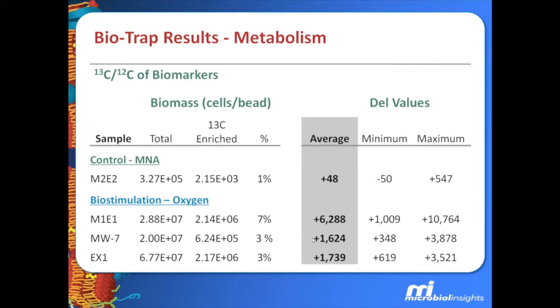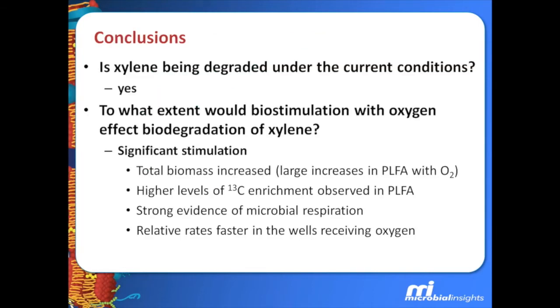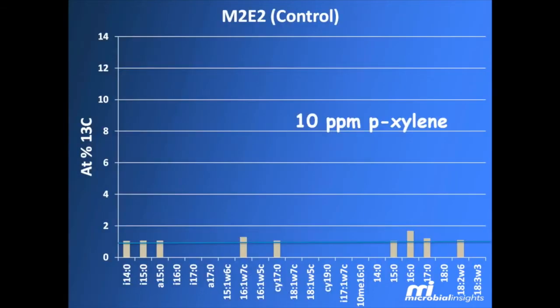biomass. Now, I'm just going to skip to this since I'm short of time here, but I'd like to show you a little different way of looking at these results. Here I'm looking at the common fatty acids that I find within the phospholipids and typical bacterial cell membrane. And the line that I show here is at 1.1%, which is approximately the background concentration of carbon-13.